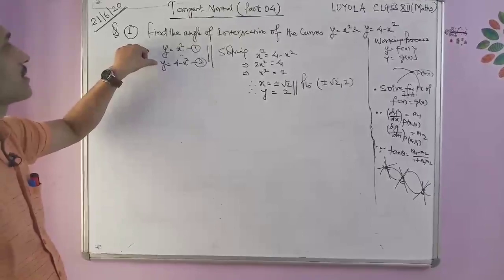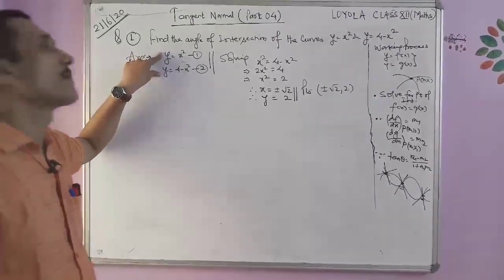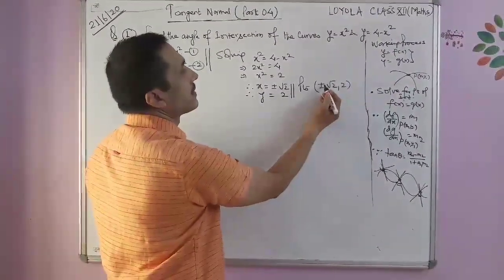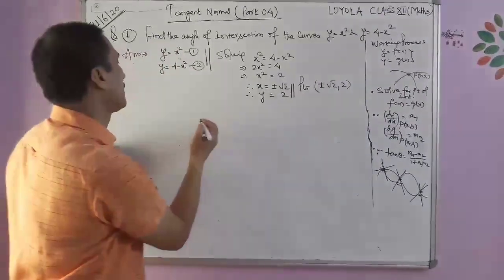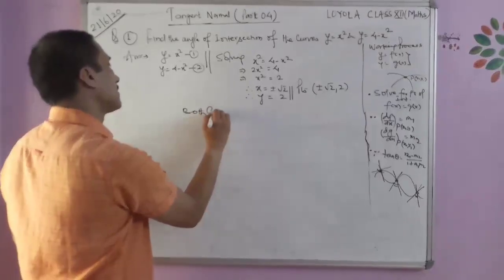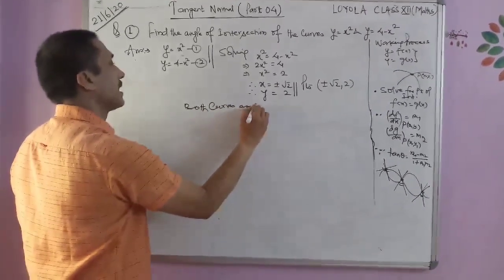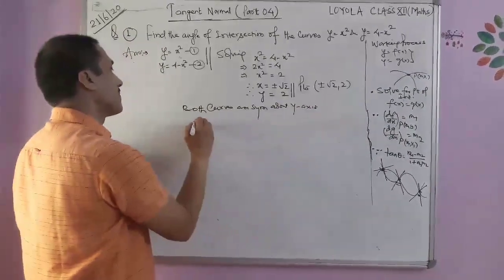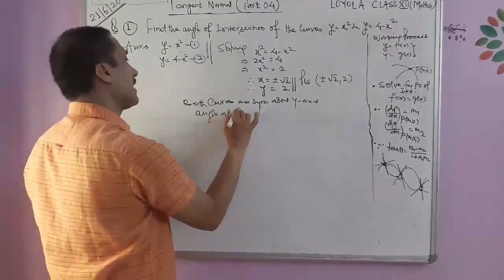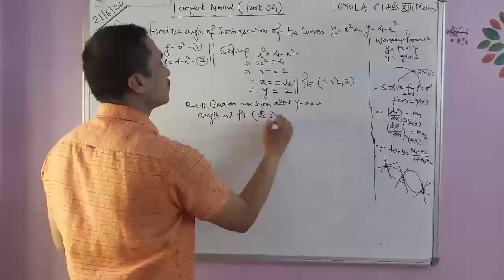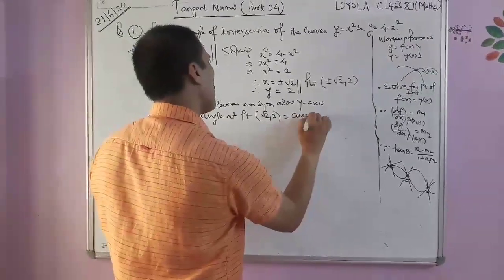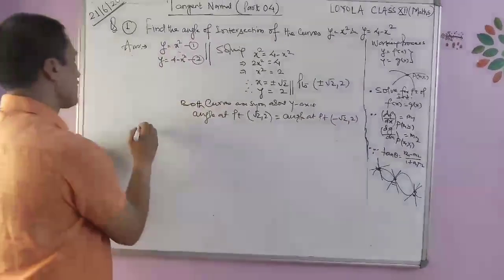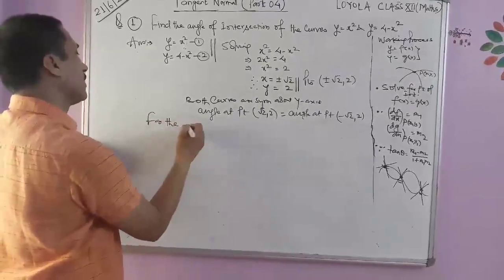In this case again the equation of the curve remains the same. So both curves are symmetric about the y-axis, so the angle at point root 2, 2 equals the angle at point minus root 2, 2.